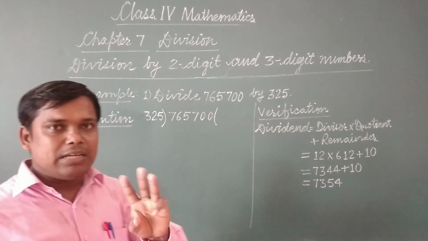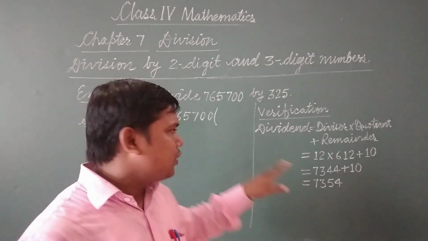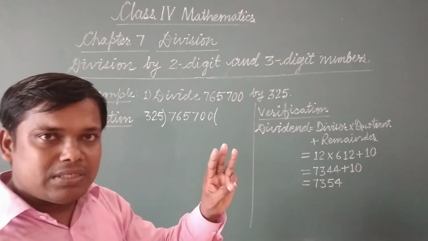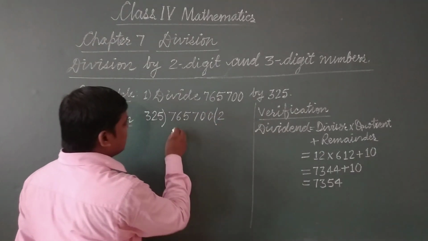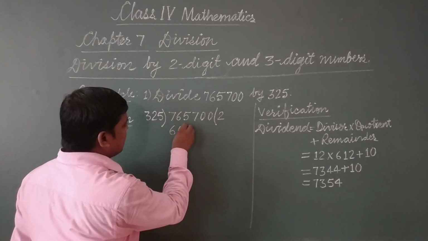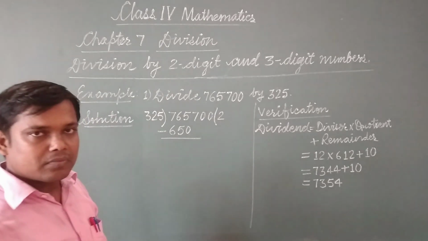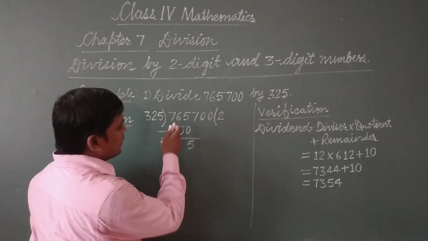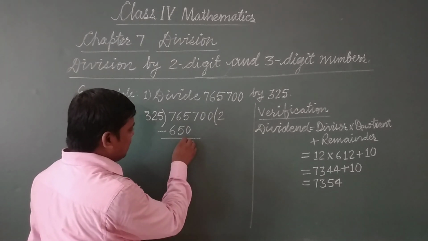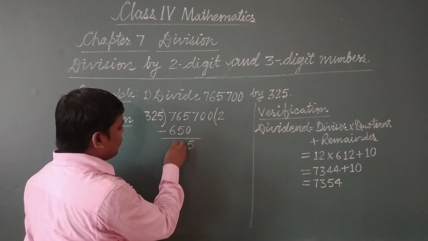Otherwise, if you take 3 times, you will get 975, so we cannot write 3 times. So we write 2 times here, it will be 650. Then we subtract. 5 minus 0, 5. 6 minus 5, 1. And 7 minus 6, 1.